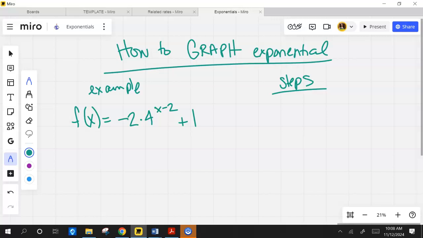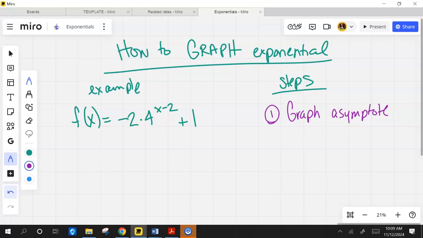While y'all are copying this, is this a growth or a decay? How do you know? 4 is bigger than 1. All right. First thing I'm going to do, are y'all ready? Graph your asymptote.